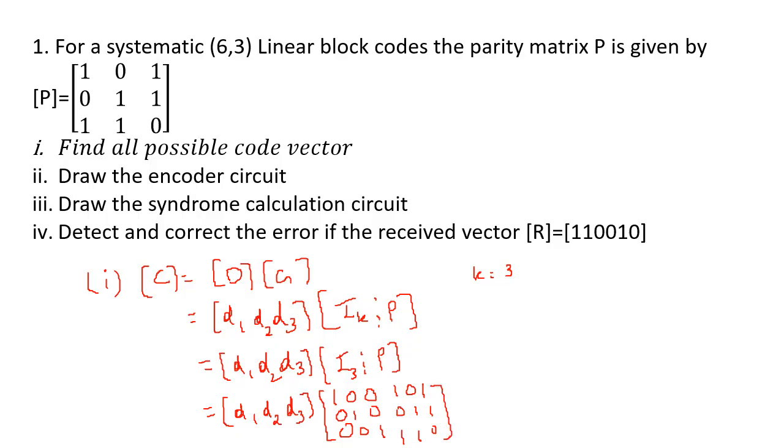We get a code vector of size n, which is 6 bits here.